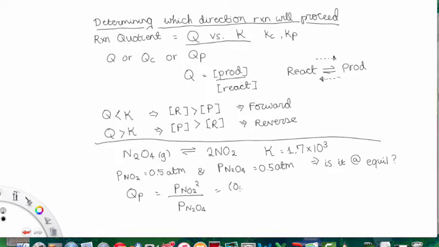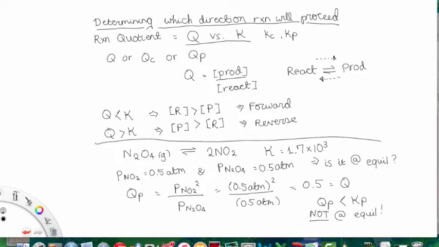So we have 0.5 atmospheres squared over 0.5 atmospheres. And what do we end up with? A value of 0.5. Now if Q equals 0.5 compared to K, we see that the reaction quotient is less than Kp. So this means the system is not at equilibrium.